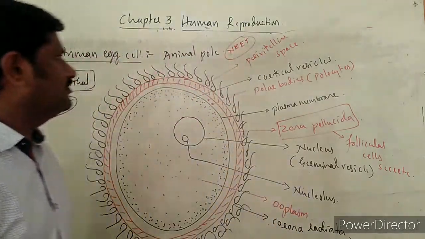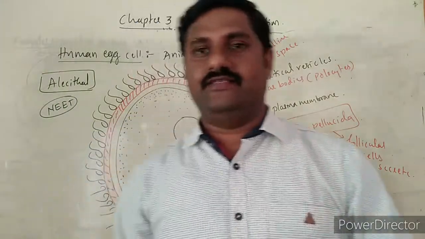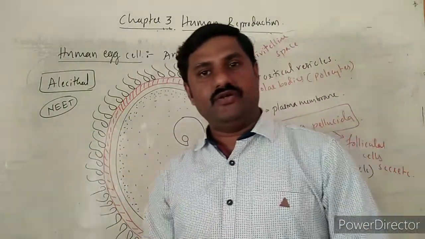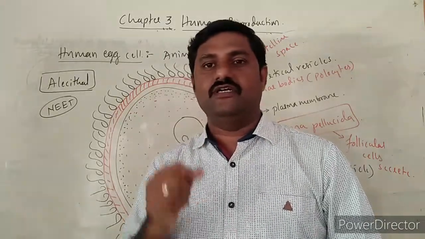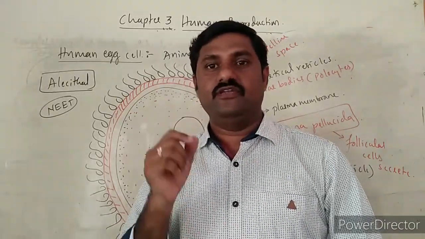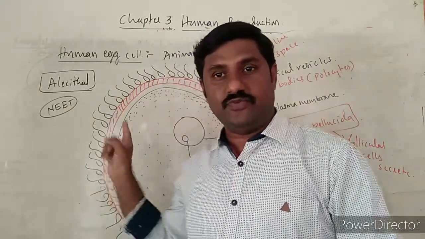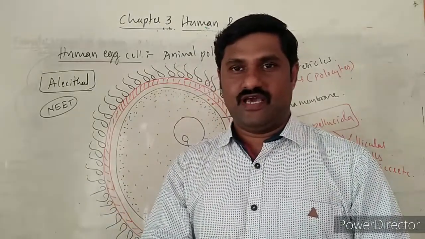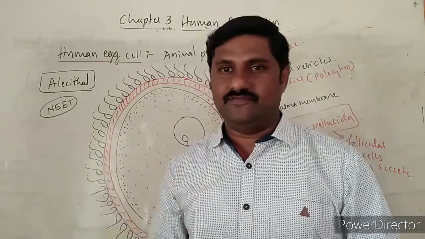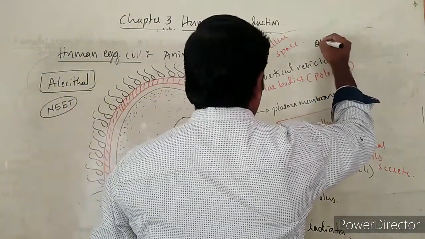This is all about the human egg cell, and this egg cell is able to get fertilized within 24 hours after ovulation. Within 24 hours it has to be fertilized by the sperms, otherwise it is not fertilized at all.